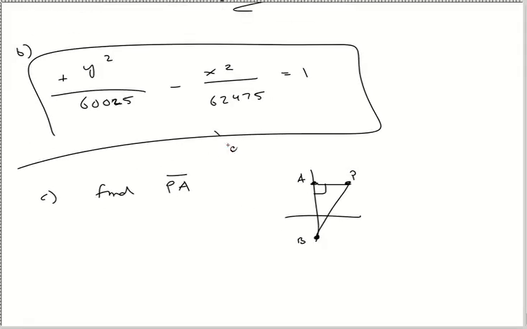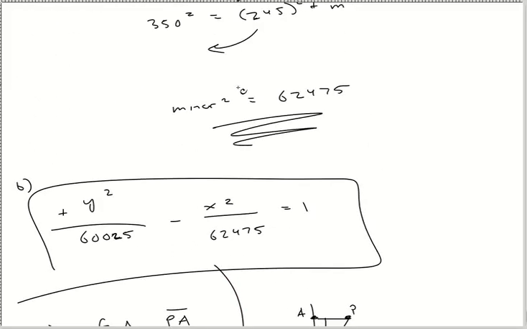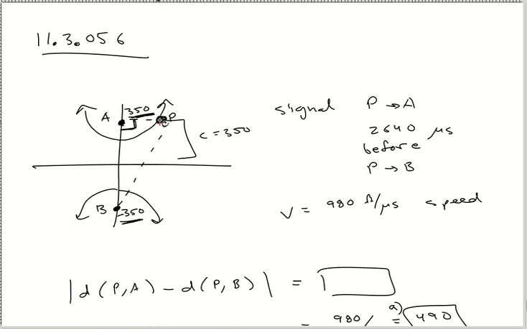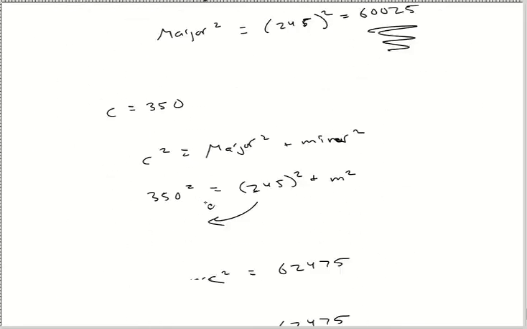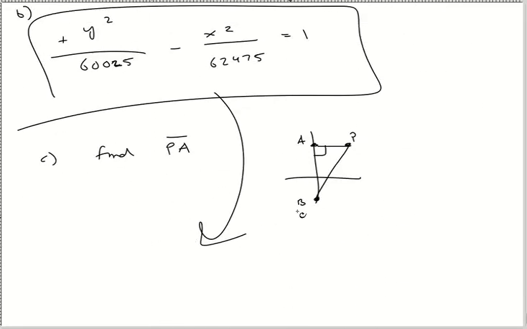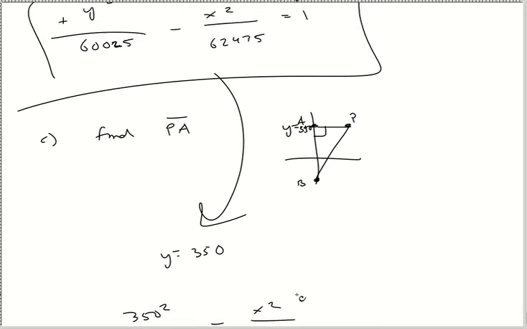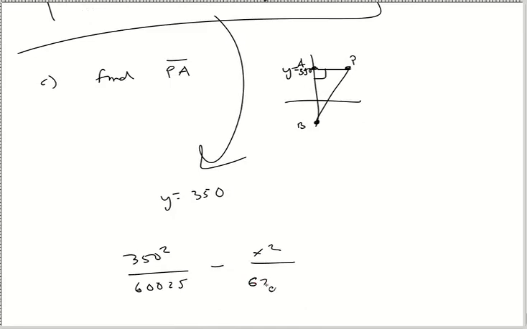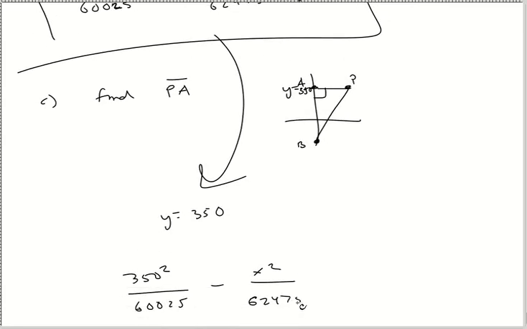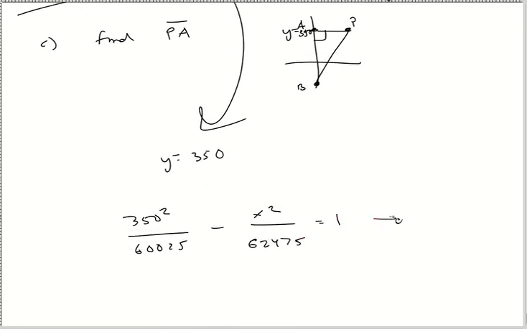Well, we're just going to use this formula here because P is on the hyperbola, and they give me a y value. Notice that my y value here is 350. I know that my y is equal to 350, and I'm just going to plug it into this. So 350 squared divided by 60025 minus x squared all over 62475 equals 1. And we're going to solve for x.